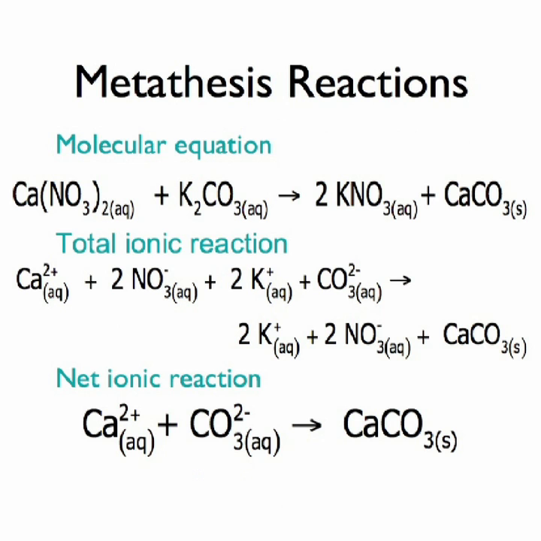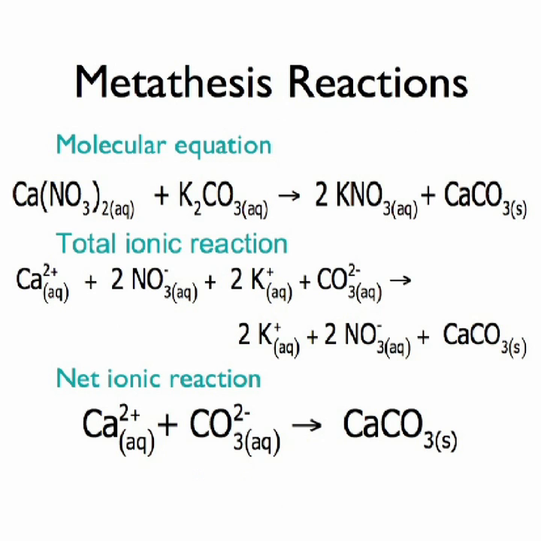Calcium nitrate, all nitrates are soluble, so this would exist as aqueous calcium ions and aqueous nitrate ions. Potassium carbonate, all group 1 salts are soluble, so this would exist as aqueous potassium ions and aqueous carbonate ions. All nitrates are soluble, so potassium nitrate would exist as aqueous potassium ions and aqueous nitrate ions.